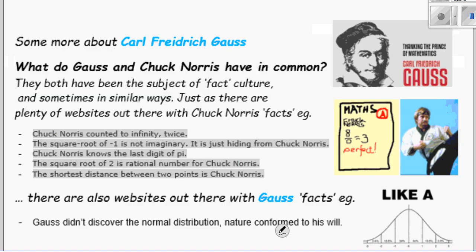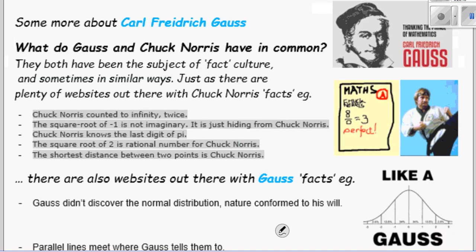So this is just a little gag at the end. More about Gauss from our TOK lesson. You noticed that in our TOK lesson, some of you saw a whole heap of Chuck Norris jokes on the internet. After that lesson, I was looking up Chuck Norris math jokes, and I found there's a whole thing to do with Gauss as well, because he ended up, after being a child prodigy, being quite prolific in mathematics and a bit of science as well.